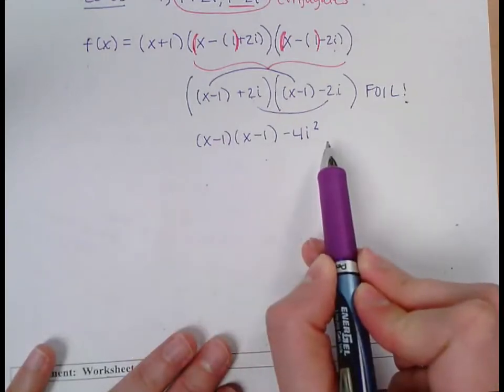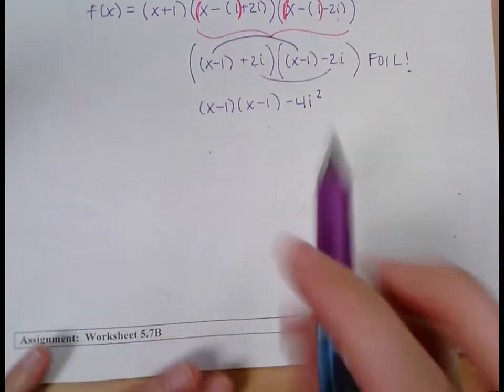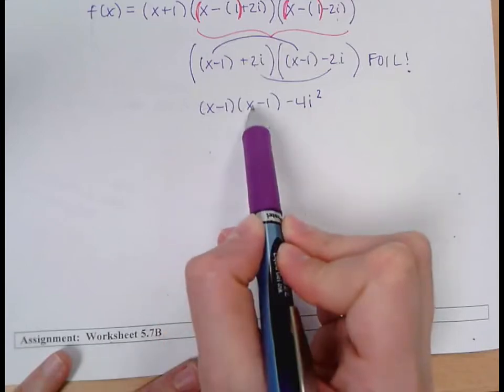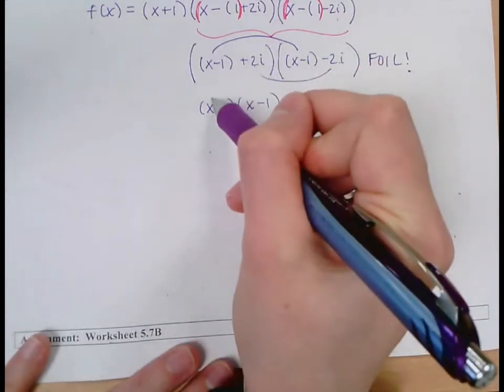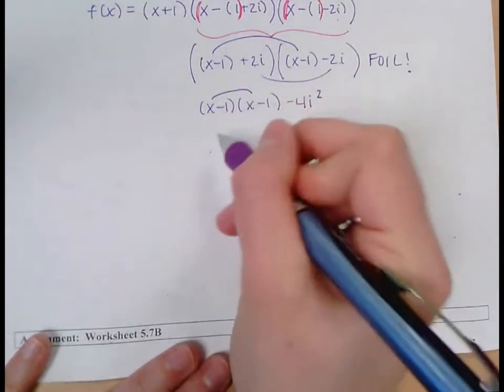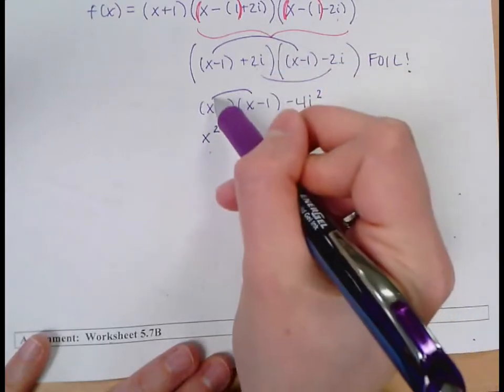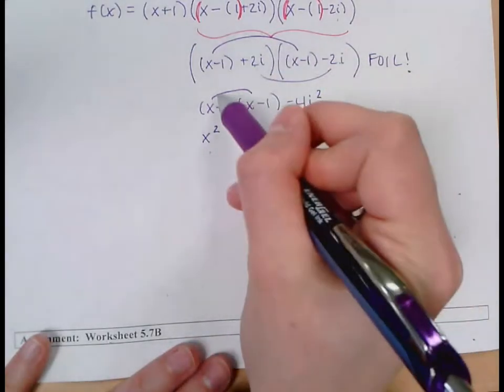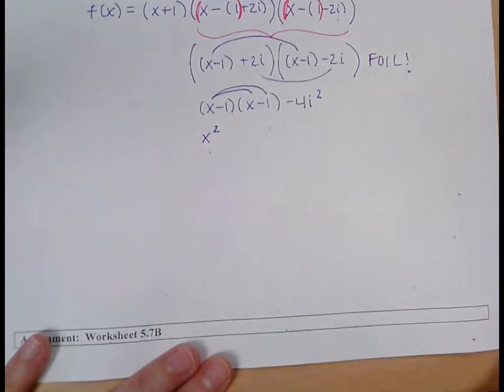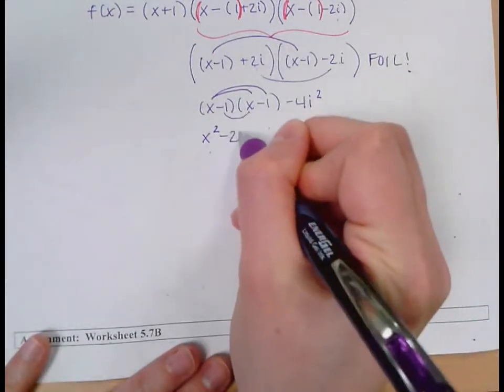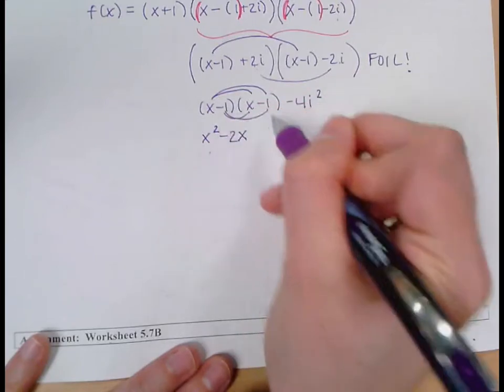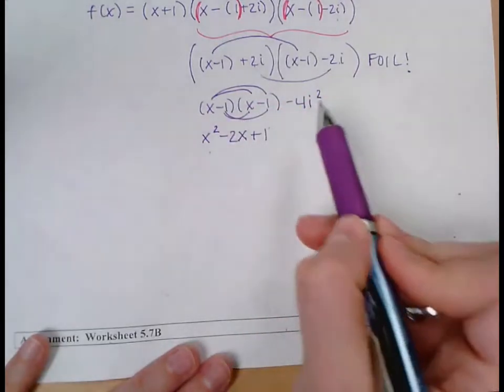And now when I simplify this, I do need to FOIL the x minus 1s. So that would be x times x is x squared. And then my two middle terms I'm going to combine right away. X times negative 1 is negative 1x. I'm going to have another negative 1x, so negative 2x. And then negative 1 times negative 1 is positive 1.